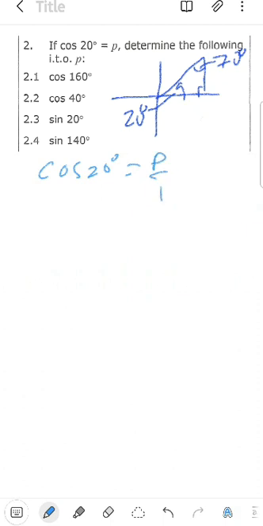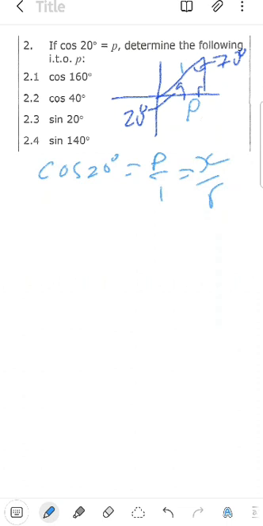So where we know that this is x over r, our value of r here is 1, then our x is P, so we are left with the value of y. So we're going to get the value of y using Pythagoras theorem.